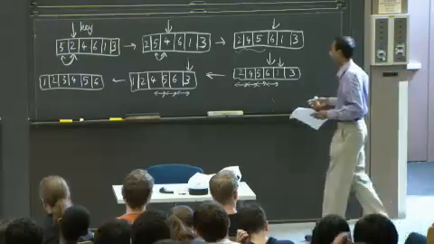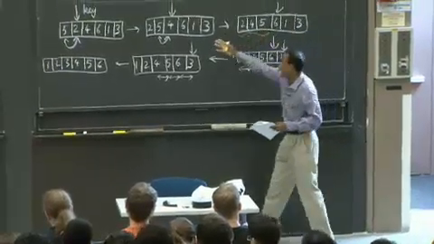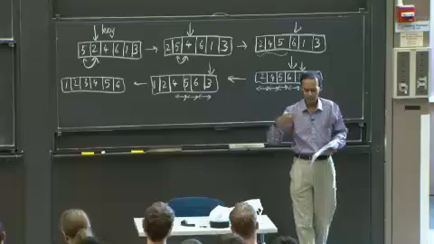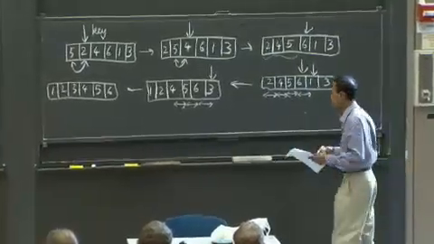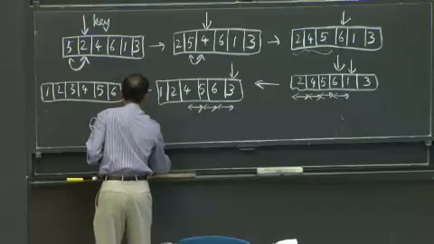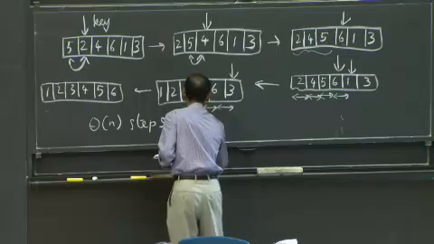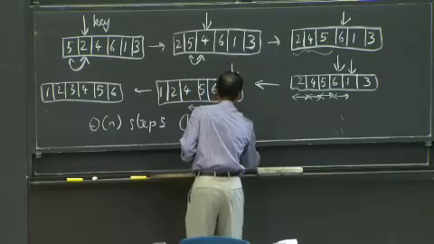I have theta n steps. In this case, you can think of it as n minus 1 steps since you started with 2. But let's just call it theta n steps in terms of key positions.